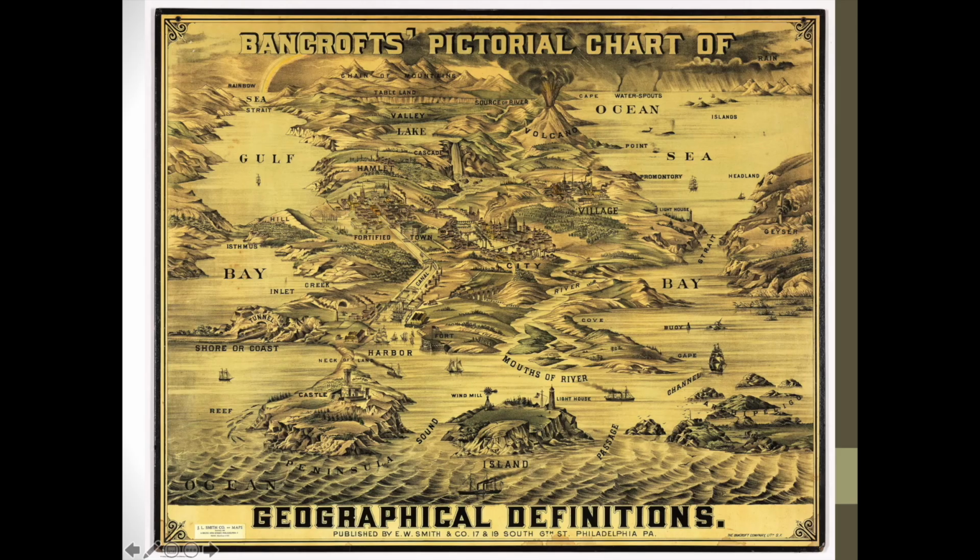This is a map I found online and I love it. I really love it. It's beautiful. It looks like an old map. It's completely fictitious because the idea is to illustrate all kinds of geographical terms, geographical definitions. So I will upload it to Moodle so you can look at it in great detail.